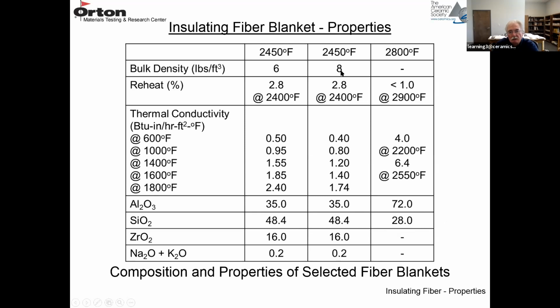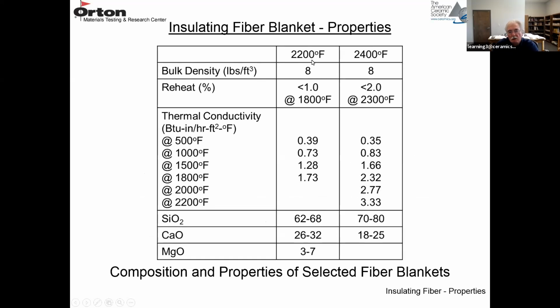This is 6 and this is 8. This density wasn't given. These shrink about 2.8%. This is about 1%. And again, same composition going to a denser material. If you look at these two ranges of thermal conductivity, the one on the right is a little bit lower than the one on the left, even though it's denser.